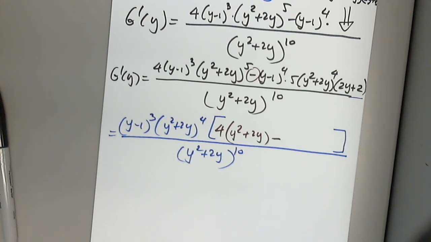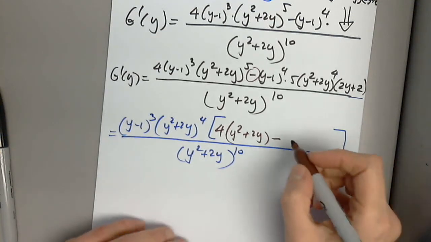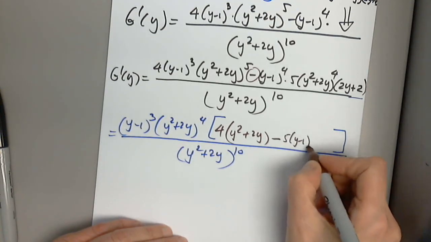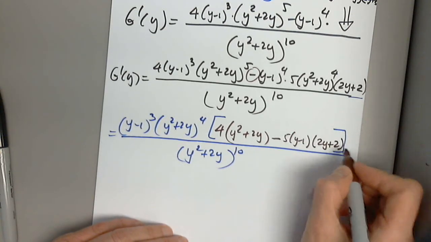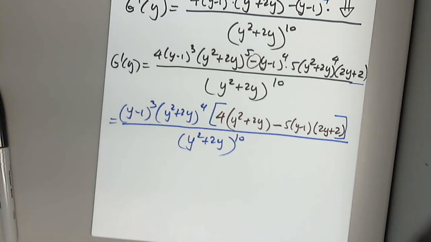So all these, no, 1 is left from y minus 1. This is completely out. So one of this, the 5, and the 2y plus 2. So the 5, y minus 1, and 2y plus 2. Let's stop for a moment. Is this clear? Brayden, do you feel better with this now? Yes. Okay. Is this clear, everyone?